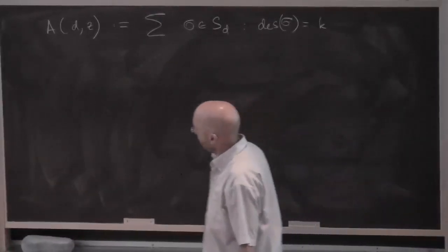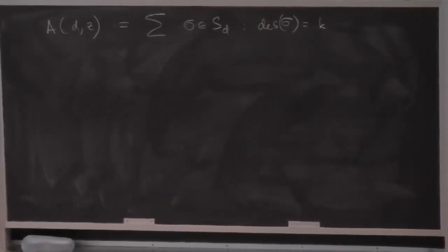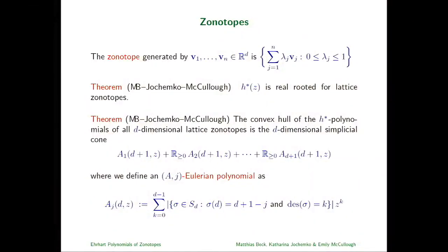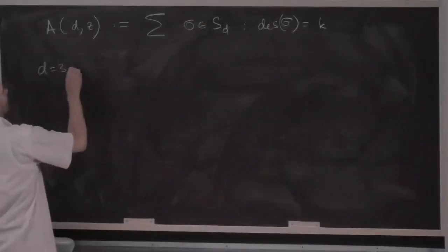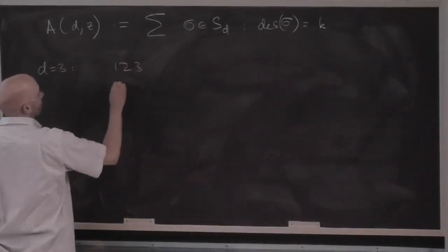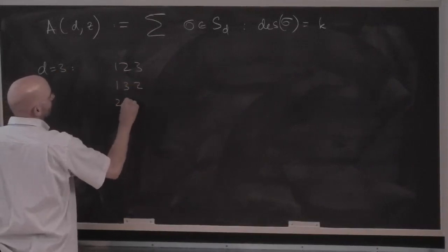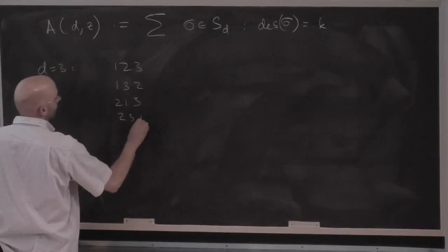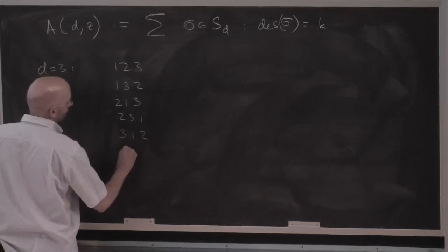I have to tell you what a descent of a permutation is. Many of you know this. I'm writing down my permutation in one-line notation, and I'm just looking at where the numbers go down. For example, for d equals 3, I have 1 2 3, 1 3 2, 2 1 3, 2 3 1, 3 1 2, 3 2 1.